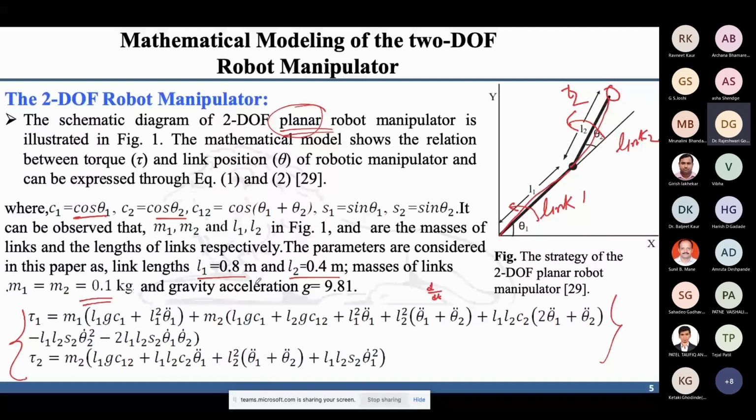And the rest of the parameters, M1 and M2, are the masses of link 1 and link 2, L1 and L2 are the lengths of the links, right? Theta 1 is the angle from the x-axis, theta 2 is the angle from this link to that link, right? This is theta 1, theta 2, right? Okay, so I'm not going into the detail of the mathematics of the robot manipulator again.